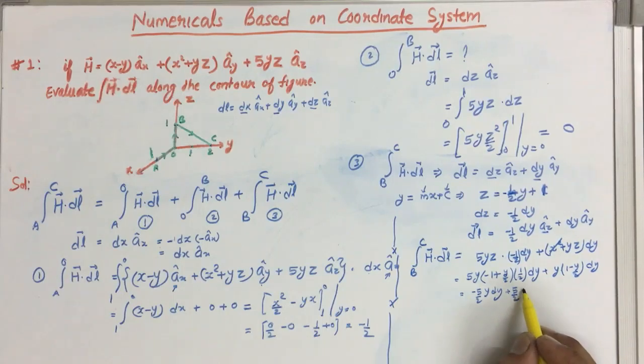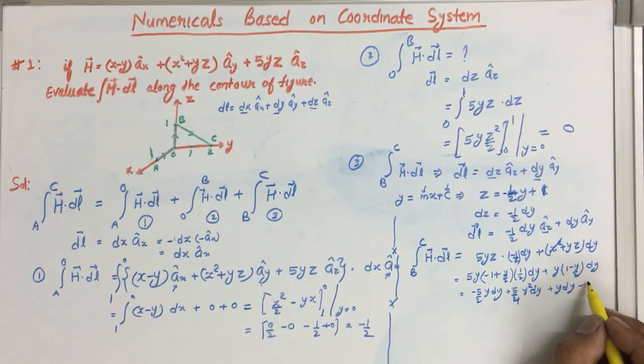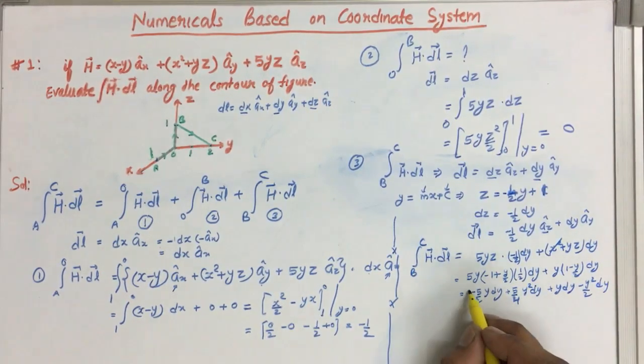plus 5 by 4 y square dy plus y dy minus y square by 2 dy. Now there is change in y only, so y will change from 0 to 2.